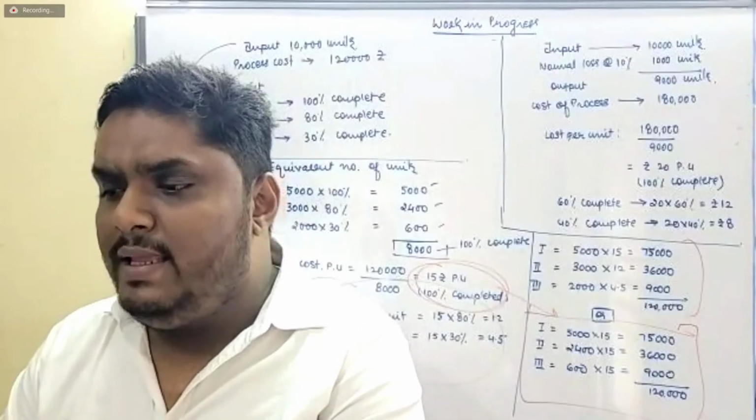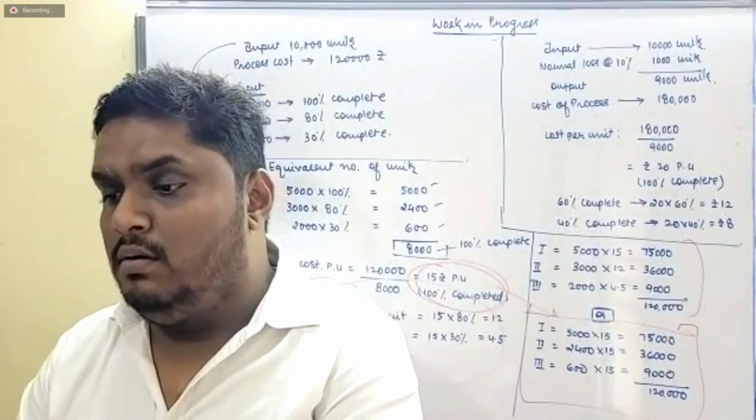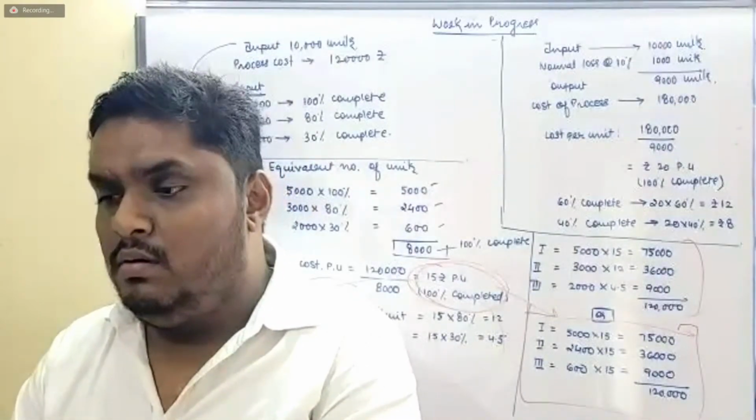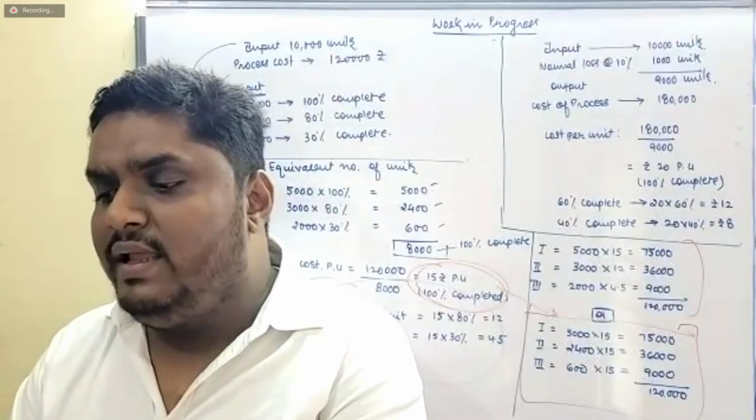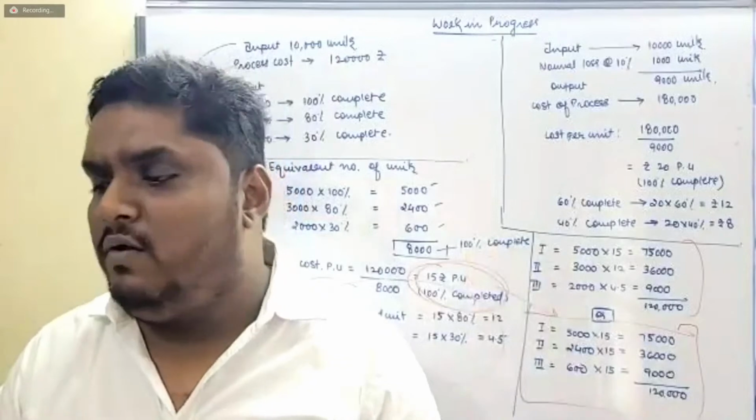Any doubts, Virali, Shruti, Jyoti? Vedant, any doubts? This is the concept of equivalent number of units.